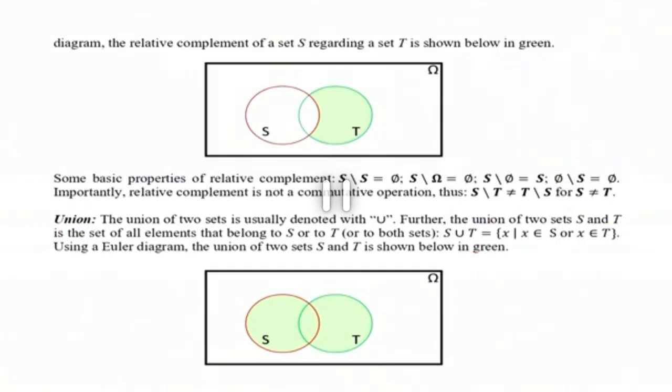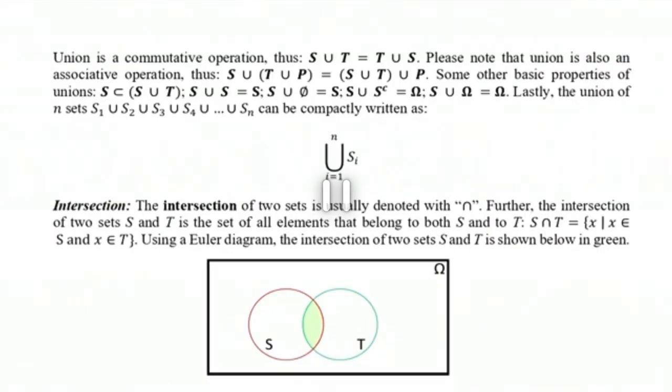Now you know what is going to happen. Still on the union, if I have two sets, S union T is the same thing as T union S. Combining residents from two states, it doesn't really matter whether I start with Minnesota or Wisconsin.